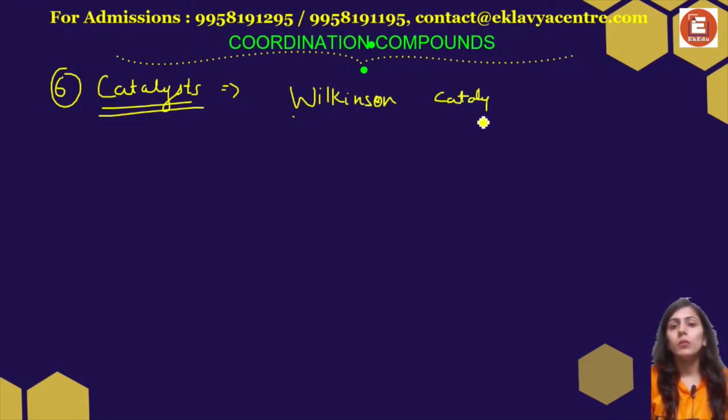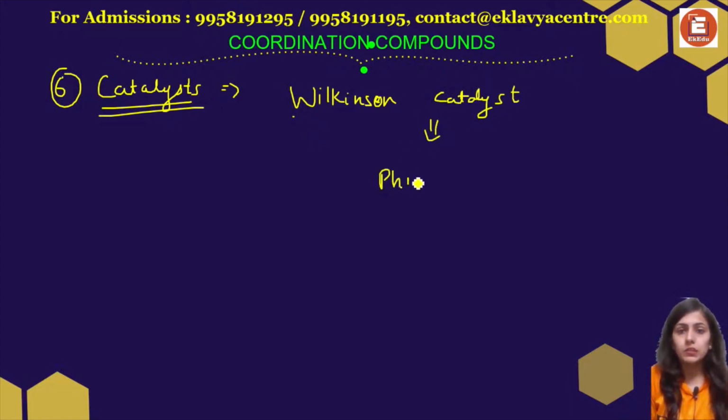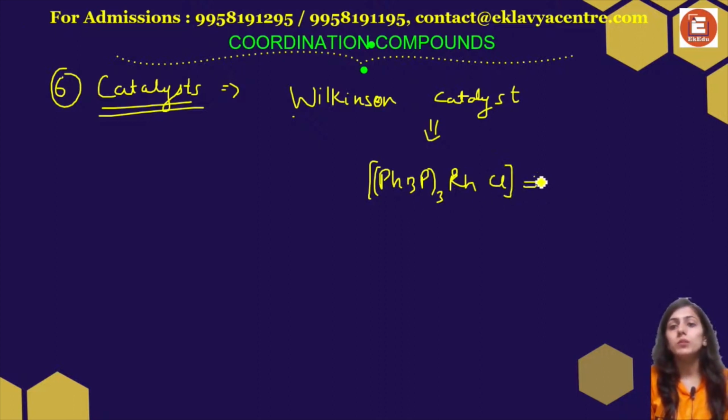You should remember its formula, which is [(Ph3P)3RhCl], and it's used for hydrogenation of alkenes.